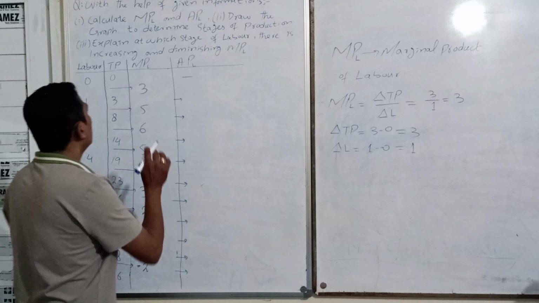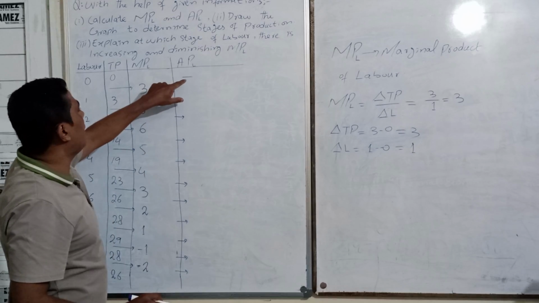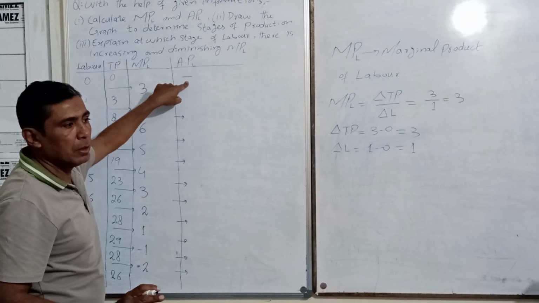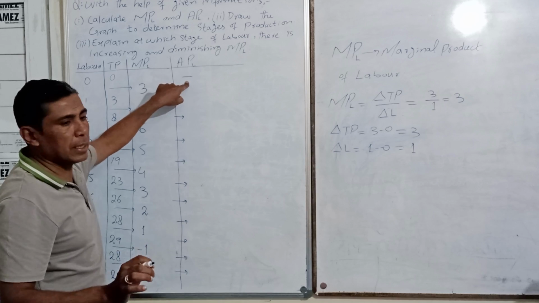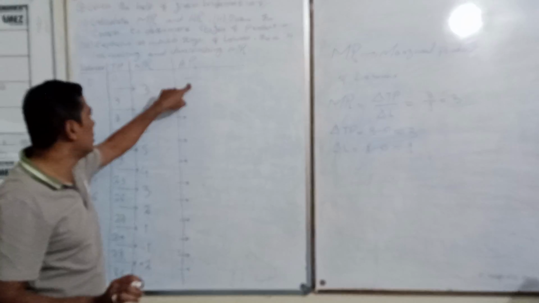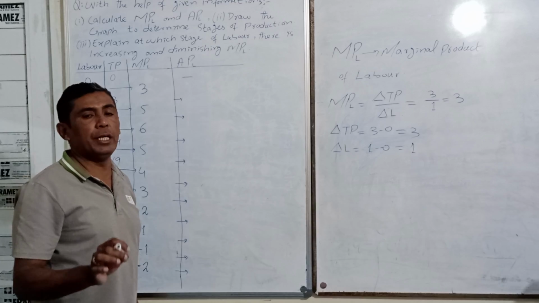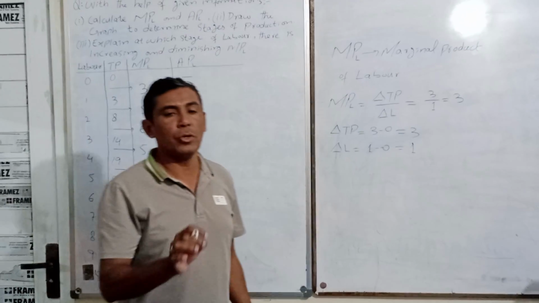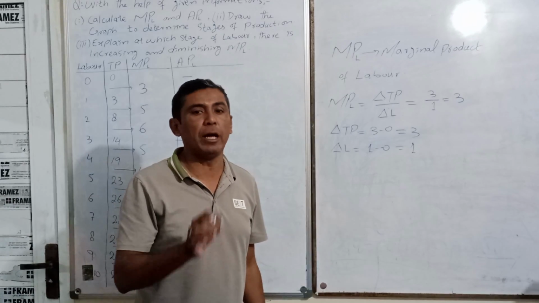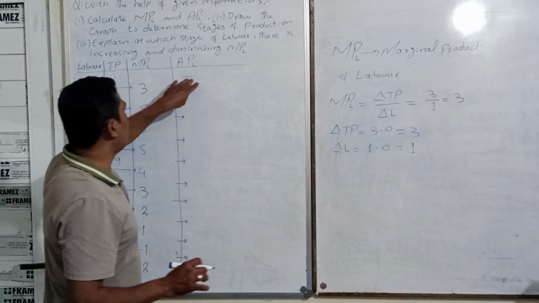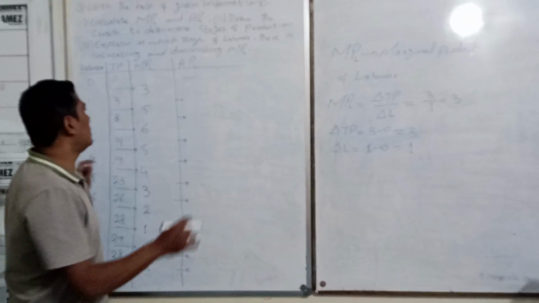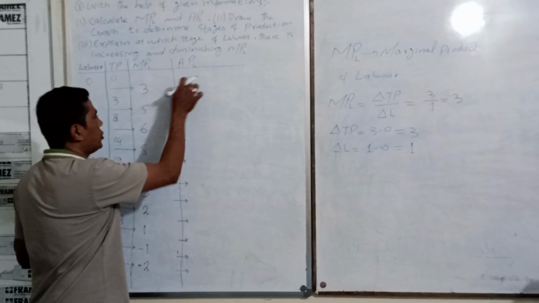So why am I putting a dash here? This is a basic concept of mathematics. When you have 0 in the denominator, your answer will be infinite. Clear? So that's why we cannot find this value, and I am going to mark a dash here.